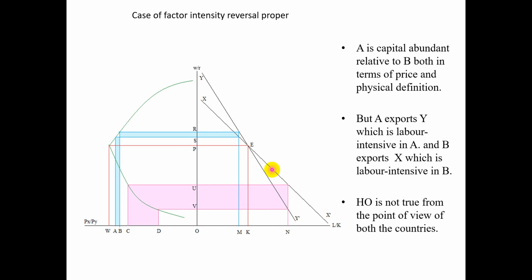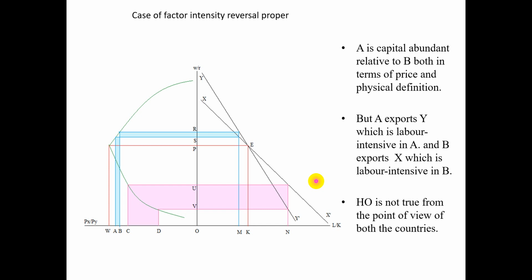So now we have shown the case where factor intensity reversal is having its real impact on the factor price equalization theorem. So from this we get a very important result which states that factor intensity reversal may not be very crucial for factor price equalization theorem to break down.